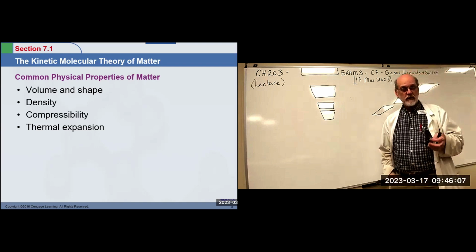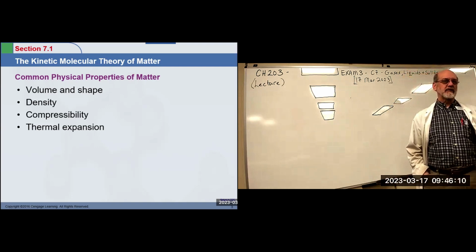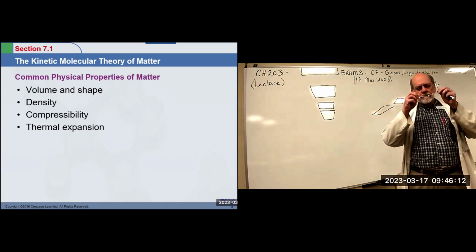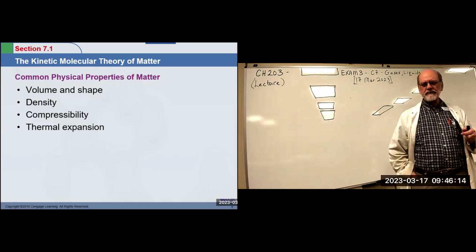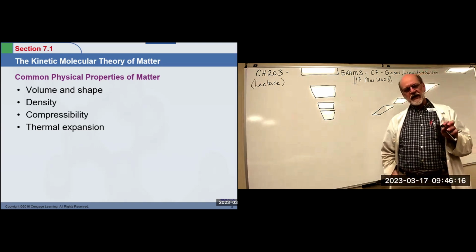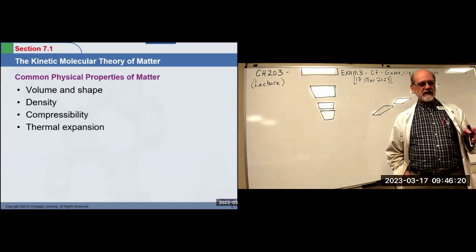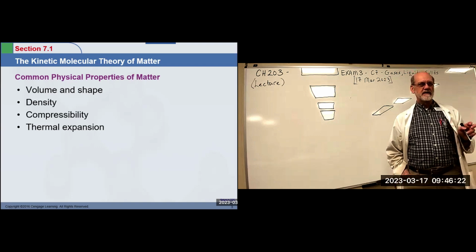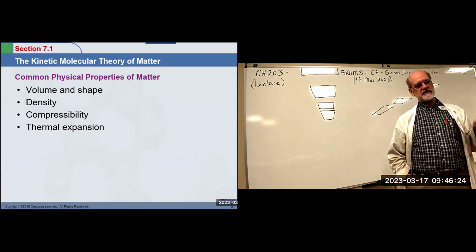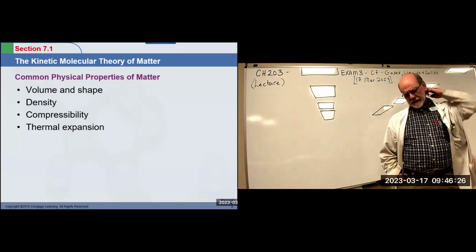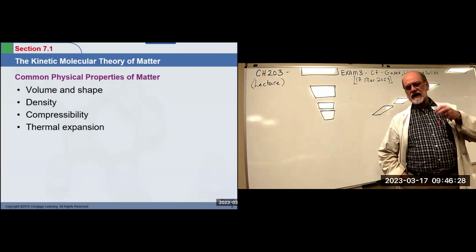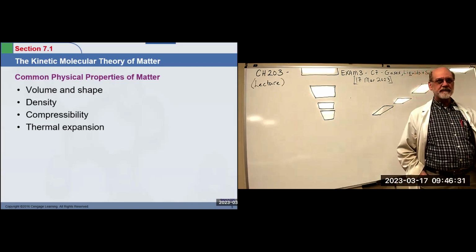Compressibility, we know that gases are very compressible. Liquids and solids are generally considered to be incompressible, but liquids we've discovered are, to a greater or lesser extent depending on the substance, somewhat compressible.